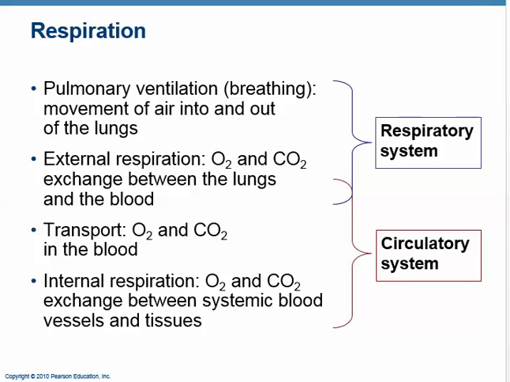A good thing to think about when you look at a list like this is to start thinking about pathology. There are going to be various pathologies of the respiratory system that involve any of these steps. And they will all result in basically the same sort of symptomatology, more or less: a lack of oxygen, a buildup of carbon dioxide.